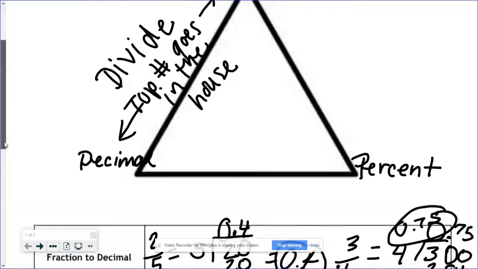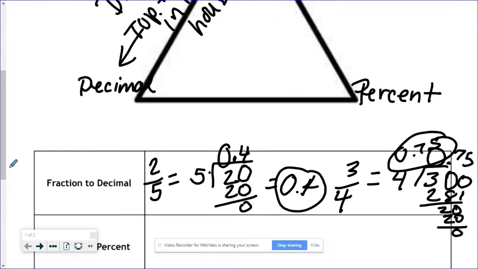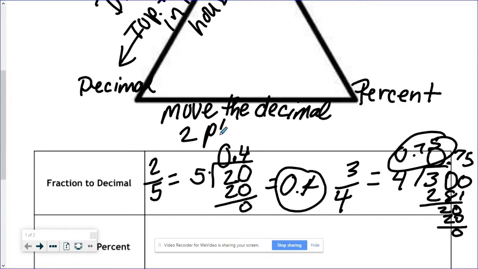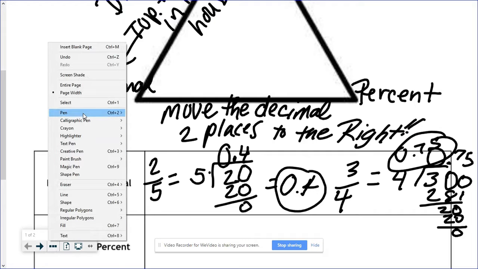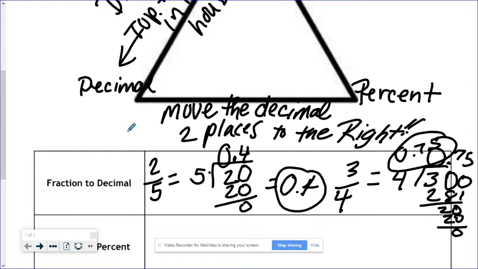To move a decimal into a percent, all I'm going to do is move the decimal 2 places to the right. And you might even want to circle, underline, smiley face, the word right.